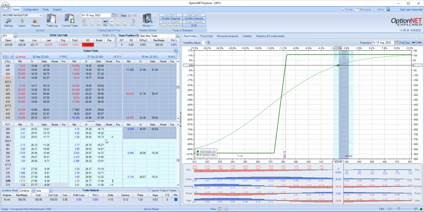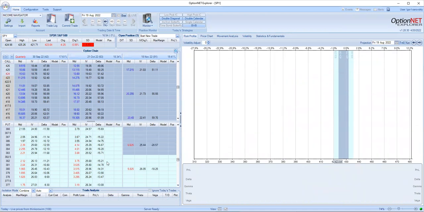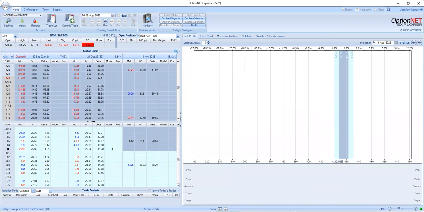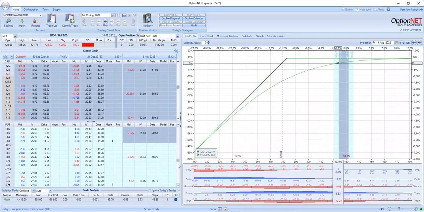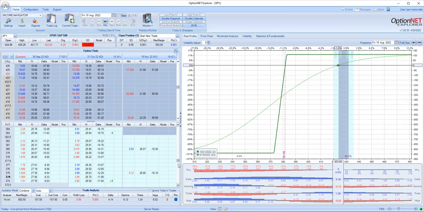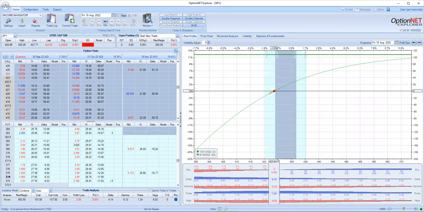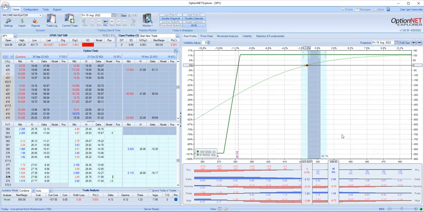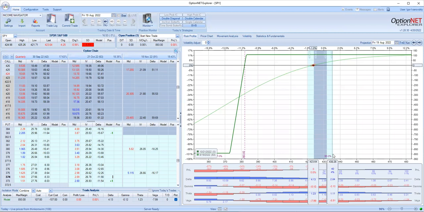So I know that a 15 delta put, a 10 wide put credit spread will get me close to my target, but not quite. So I would have to go a little bit closer to the money. But if you look at the probability, right? So we sell 383 and we buy a 373, right? Based on current implied volatility, this spread has a 93% probability of expiring out of the money, meaning that you have a 93% probability of collecting and keeping this $107, assuming you're not using any stops.